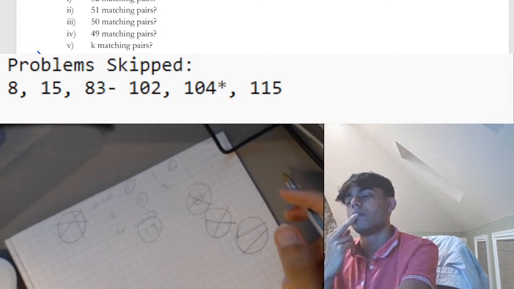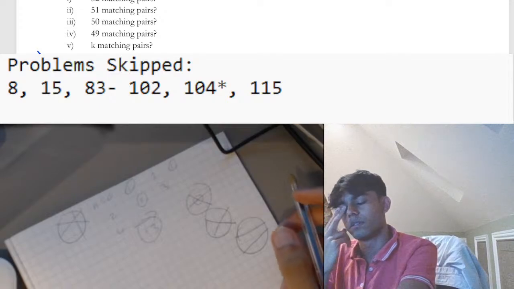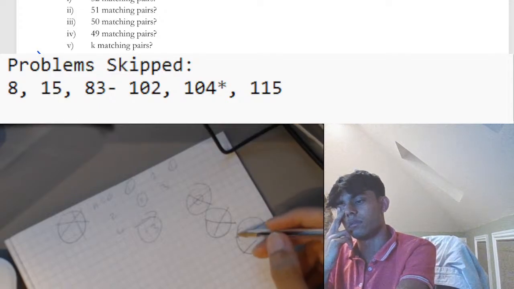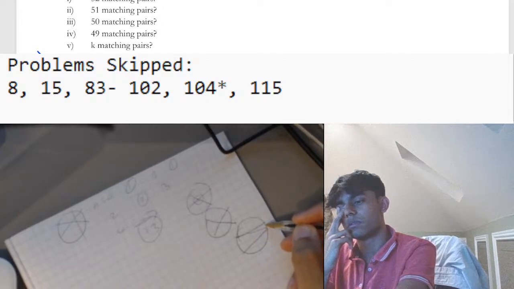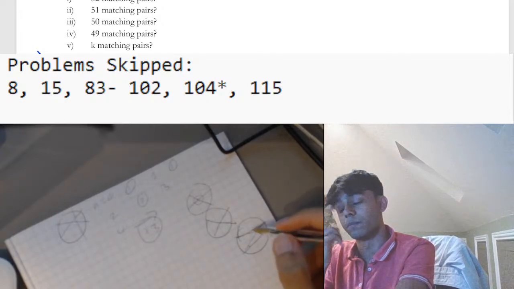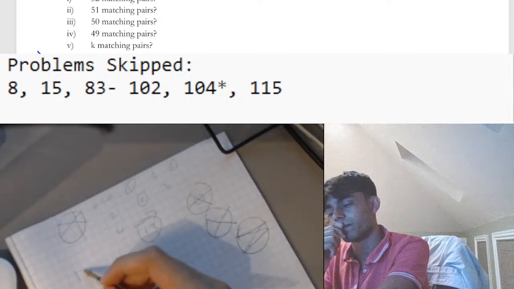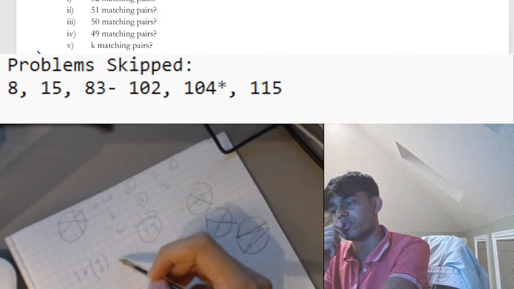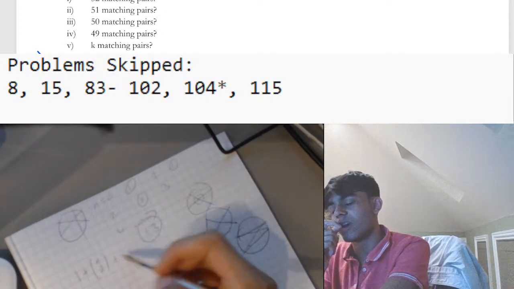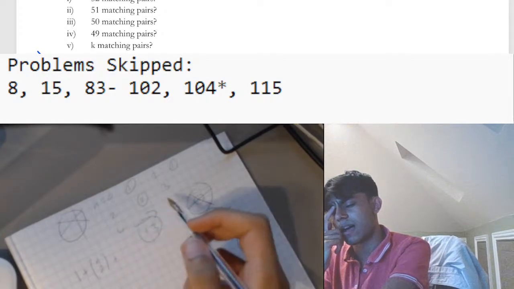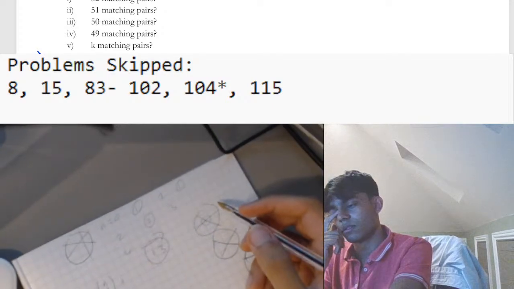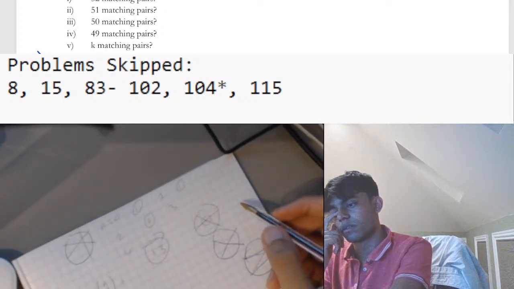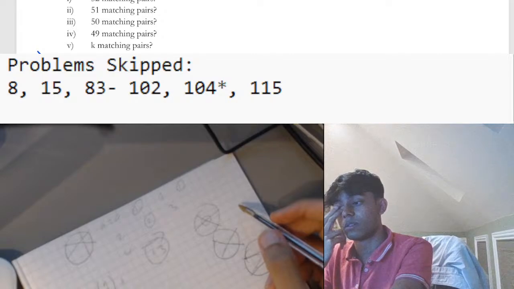Okay, I think that's fine. So you start with one region, and for each edge you add one region, and then for every intersection you add another region. I think this logic works.